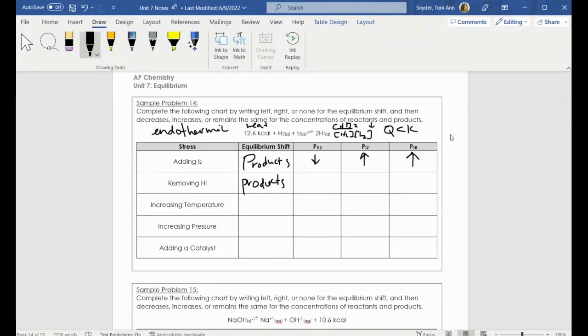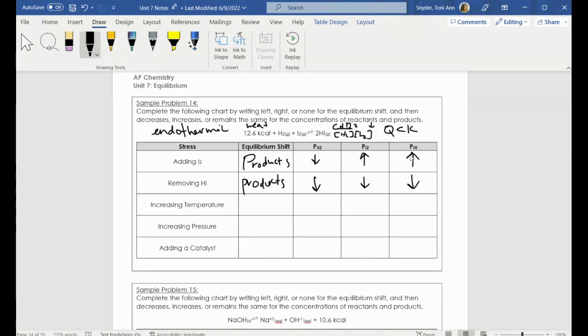It all comes together when we talk about Q and K and Le Chatelier and these shifts. If I remove HI, that's going to go down, and more hydrogen and iodine have to come together to make more HI. So both of these concentrations are going to go down.